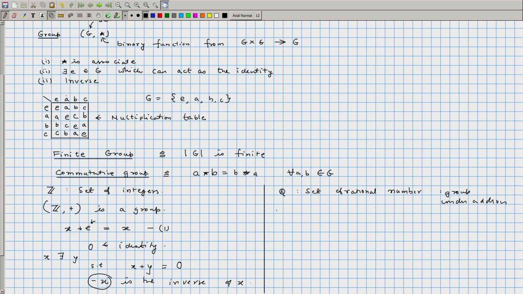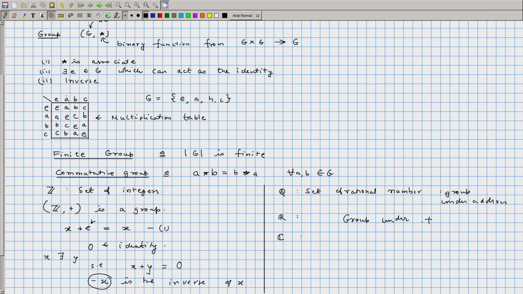If you look at the set of real numbers, they also form a group under addition. If you take the set of complex numbers, they also form a group under addition. So these are all examples of groups under the usual arithmetic.